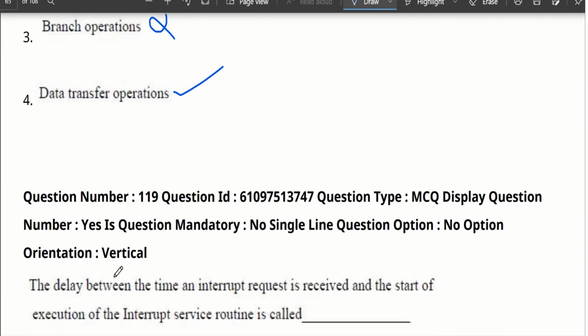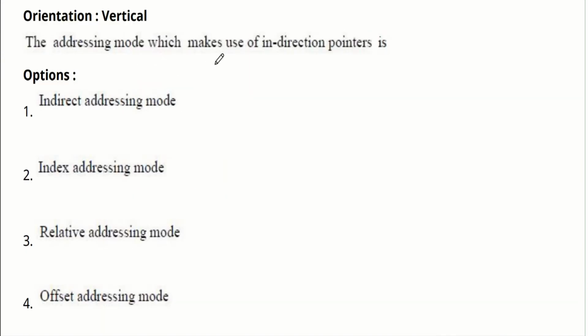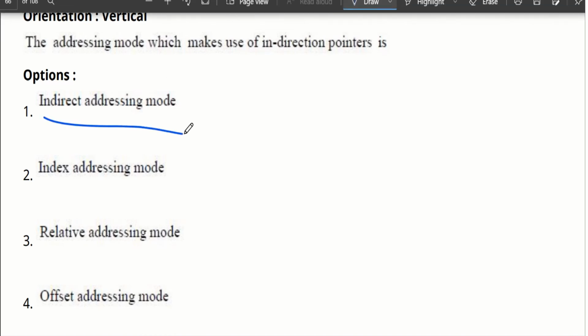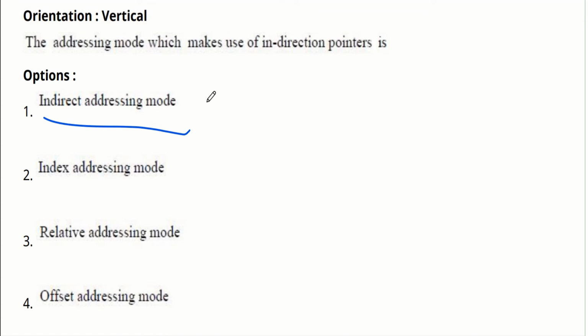Now let's move to our next question. The addressing mode which makes use of indirection pointers is indirect addressing mode. In indirect addressing mode, the instruction contains the address of the location where the target address is stored.